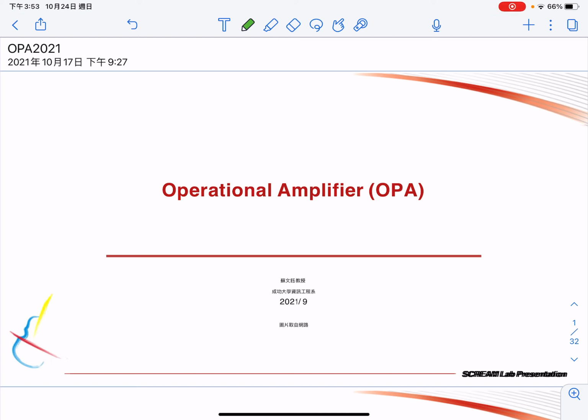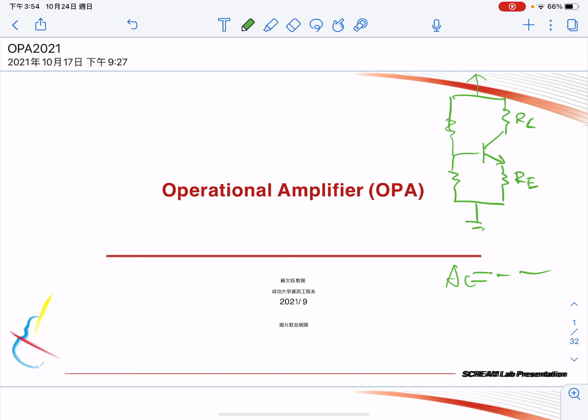For example, as we have learned for a common emitter amplifier, something like this. And this is RC, this is RE. And in the last few weeks, we said the amplification ratio of this amplifier will be equal to minus RC over RE, right?